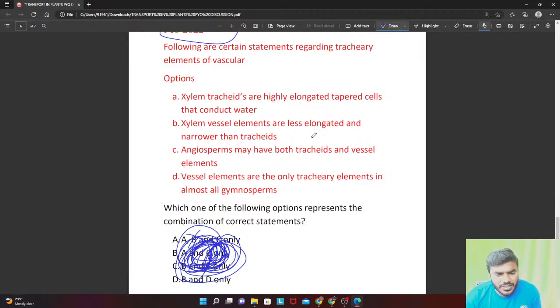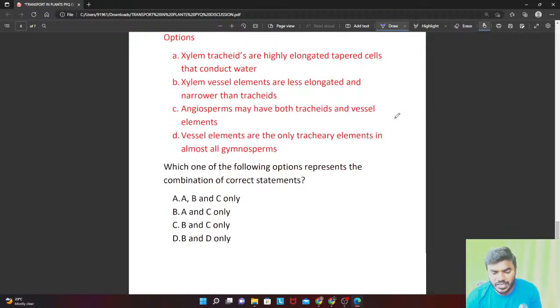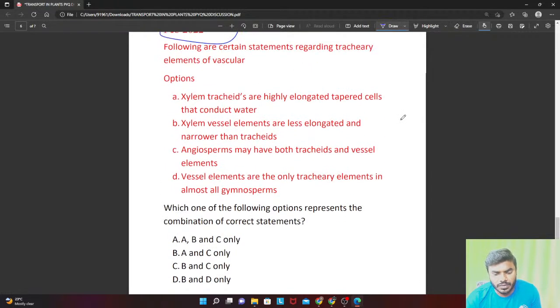Don't look into the options. You tell me the options correctly.